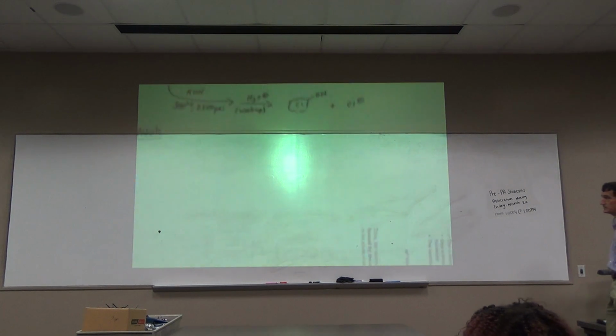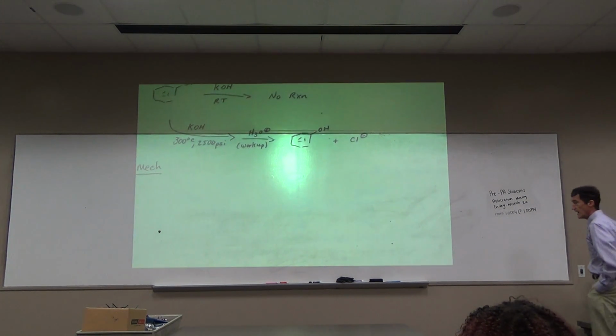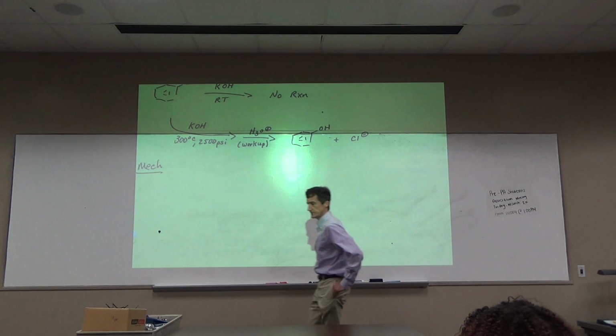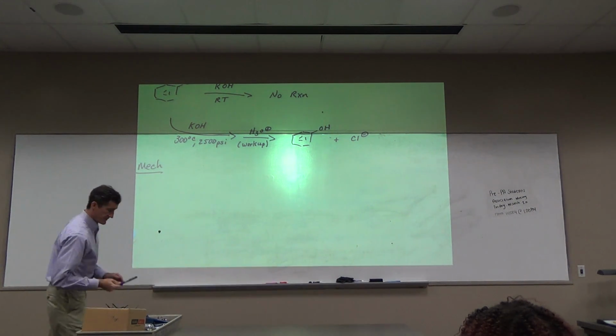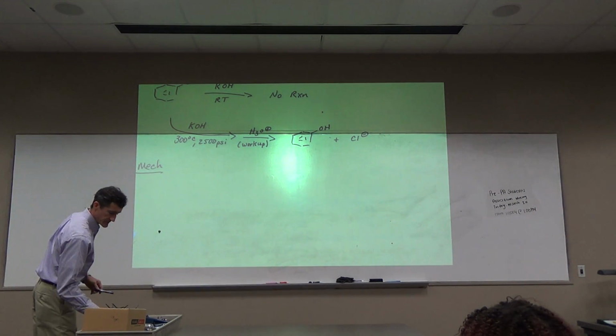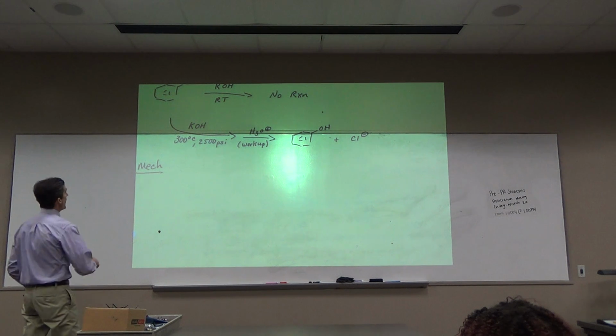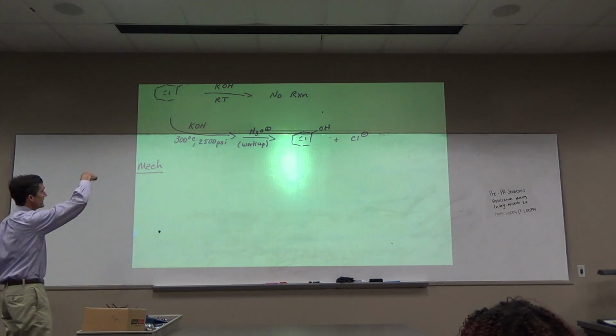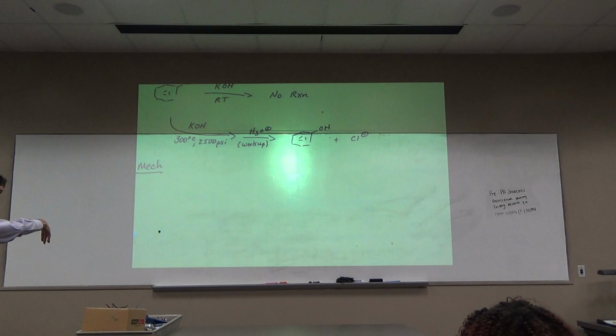Okay, we showed the mechanism there. Essentially, the hydroxide is not going to come in here and do a nucleophilic addition to give an anion like you do with NAS. Not going to happen. You can only do that when you have a strong electron withdrawing group ortho or para.